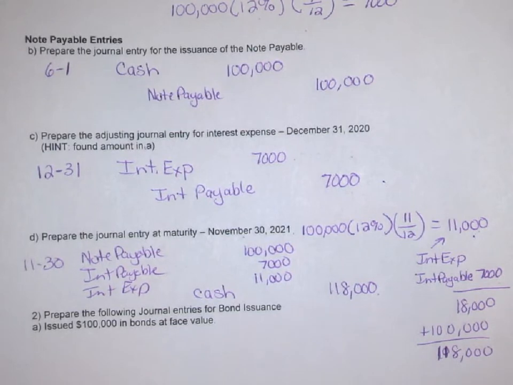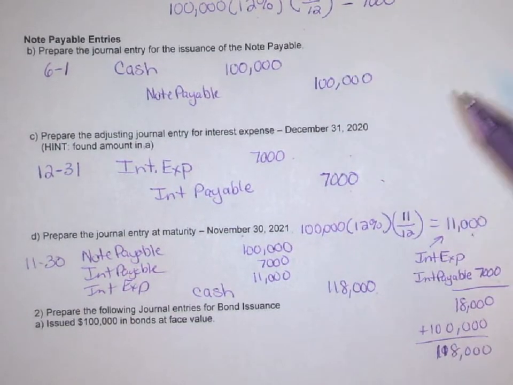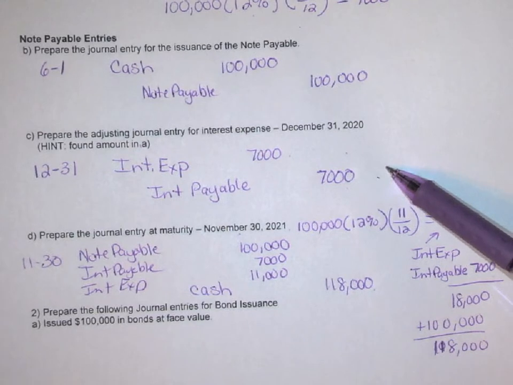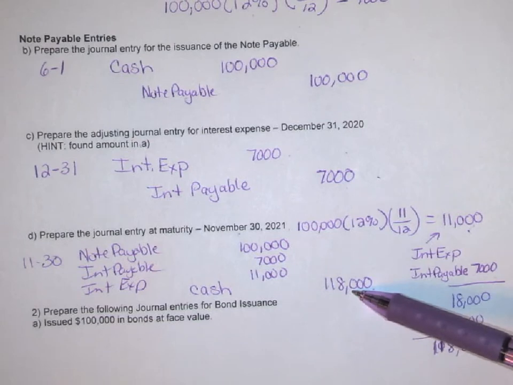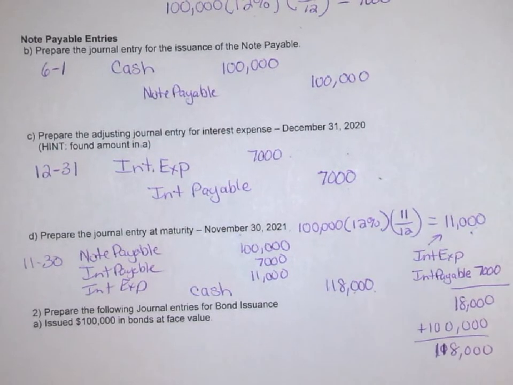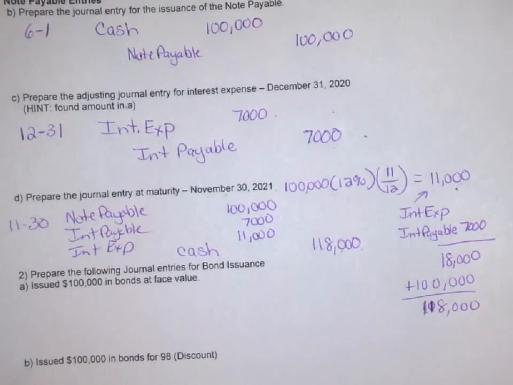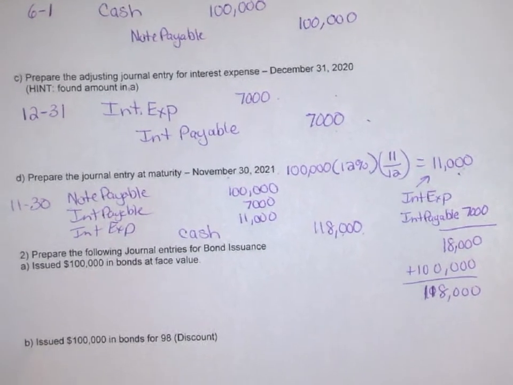And so this is how it would play out when you actually take out the loan, whenever you have to accrue your interest based on adjusting journal entries, and then at your maturity date, whenever you're able to get all of that back in.